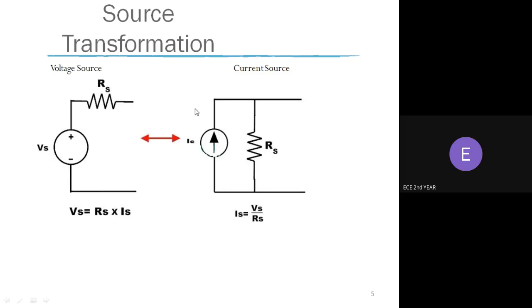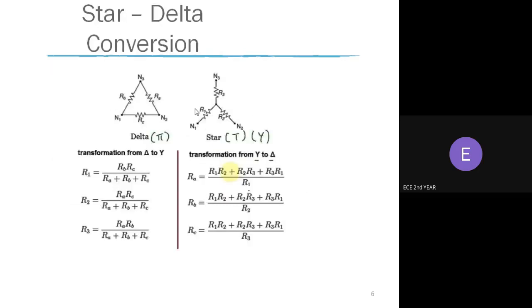So a voltage source can be converted into a current source, and a current source can be converted into a voltage source. The next one is star to delta conversion.